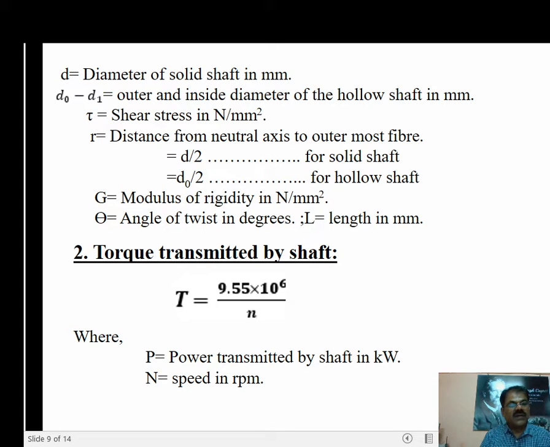Then d naught and di are the outer and inner diameters of the hollow shaft in mm. Next, tau is the shear stress in Newton per mm square.